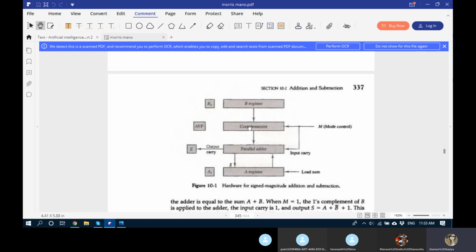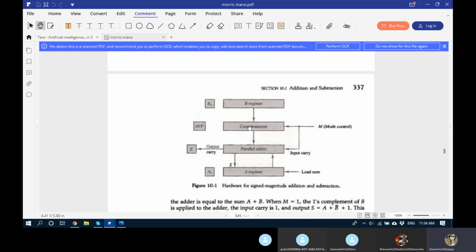We take 2's complement, add the minuend to the 2's complement of subtrahend. Please recall this. To perform subtraction, add the minuend to the 2's complement of subtrahend. When the sum generates a carry, the result is positive, and obtain the result.